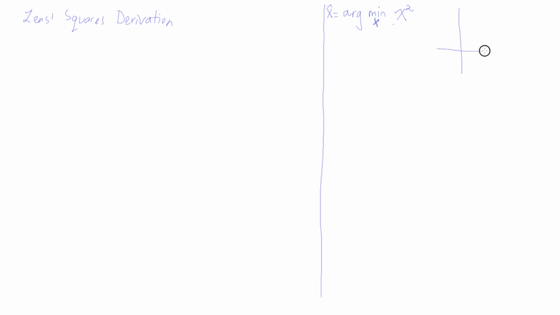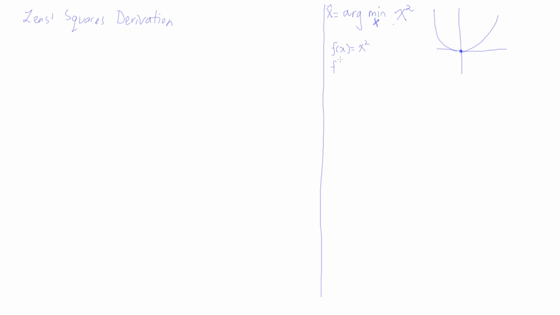One way to do it is just to draw a picture of x squared. Hopefully you remember that x squared looks like this, and obviously the minimum is going to be at 0. But most of the time you can't just plot a function easily. So what you could do is just use calculus. We do f of x equals x squared.